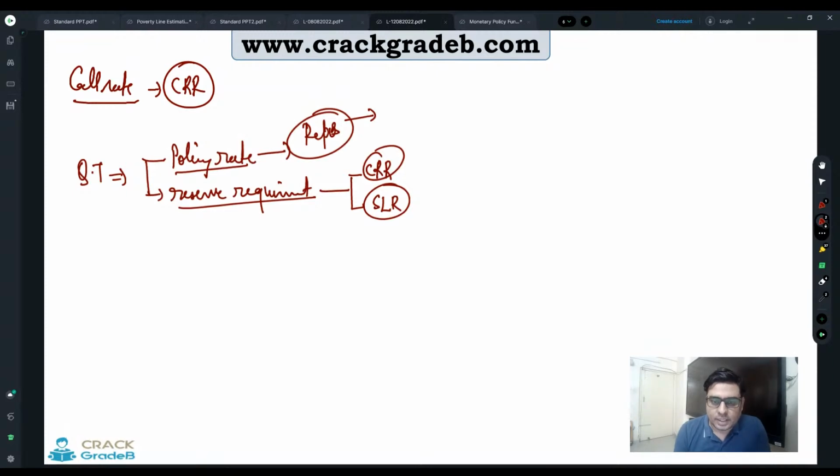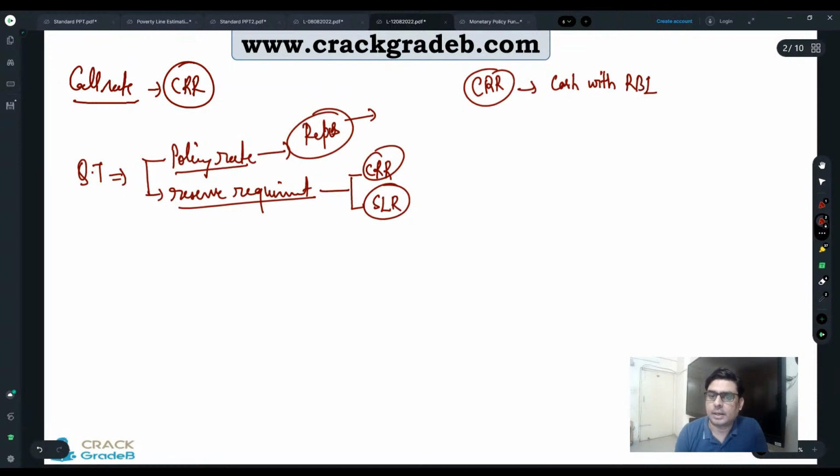So in the CRR, what I told you is that CRR must be maintained in cash with RBI, right? That means, generally, what happens? Take a bank, and this bank has a network of branches.